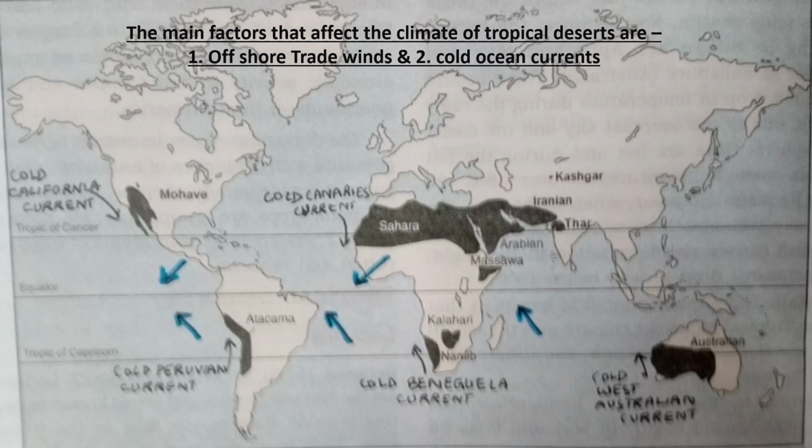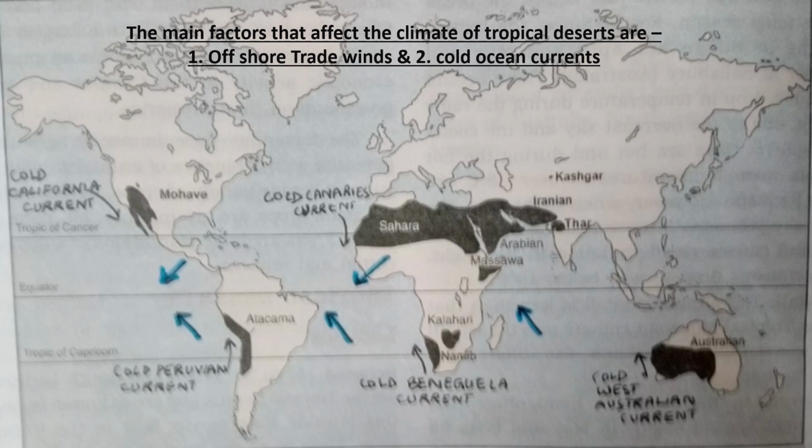Now, what are the main factors that affect the climate of tropical deserts, or by which these deserts have formed? Mainly, they are the offshore trade winds and, secondly, cold ocean currents. The offshore trade winds are dry winds, because the trade winds give rainfall to the eastern margins of the continent, as their direction is northeast in the northern hemisphere and southeast in the southern hemisphere.